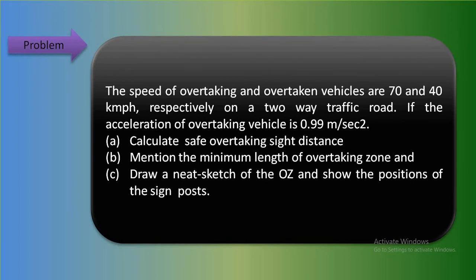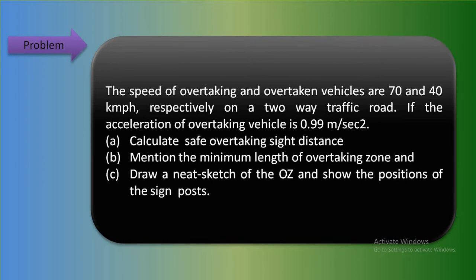If the acceleration of the overtaking vehicle is 0.99 meter per second square, then A, calculate safe overtaking sight distance. B, mention the minimum length of overtaking zone. And third, draw a neat sketch of the overtaking zone and show the position of the signposts.